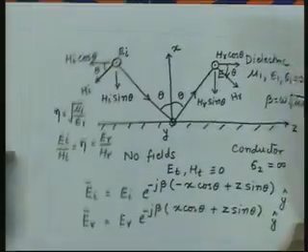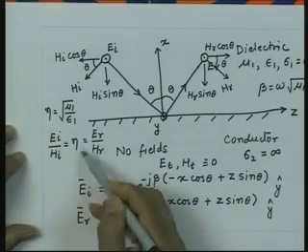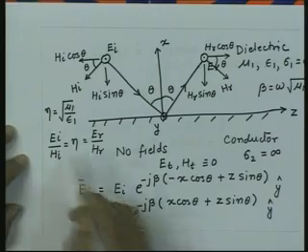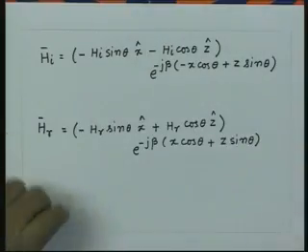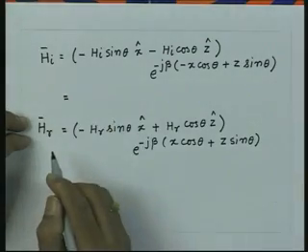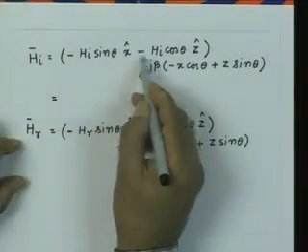Now, as we mentioned, these quantities E_I and H_I are related through the intrinsic impedance of medium 1. So, we can write this H_I in terms of E_I. So, this expression can also be written as, I can take a minus sign common.